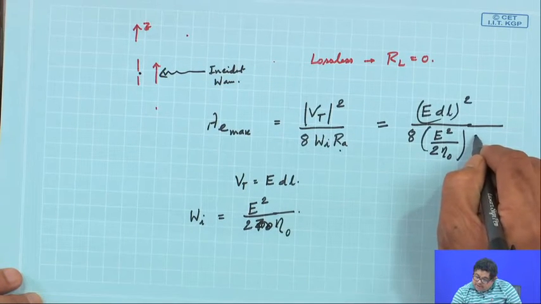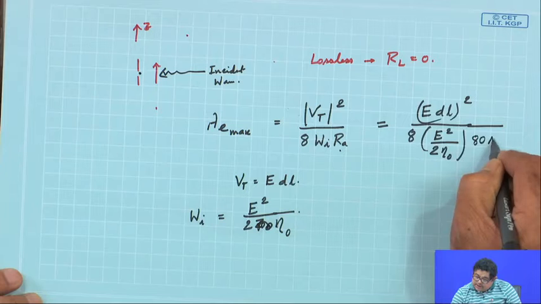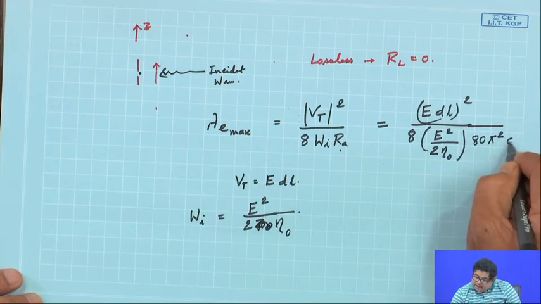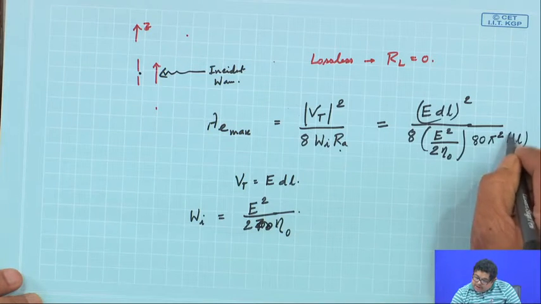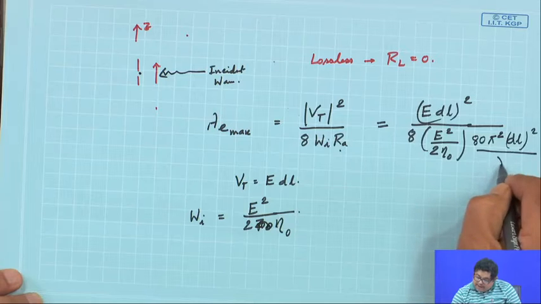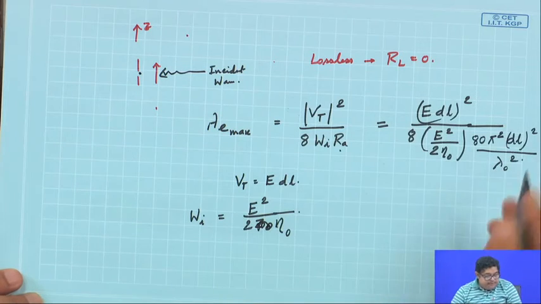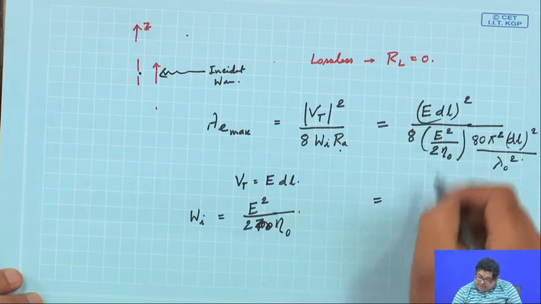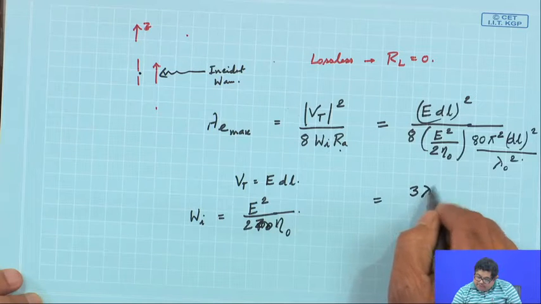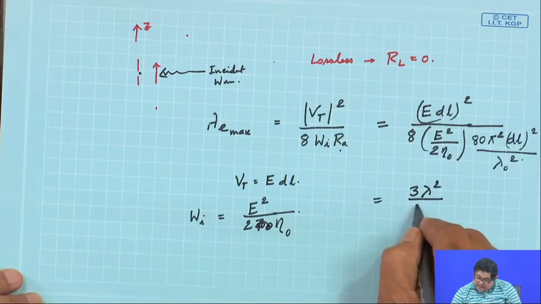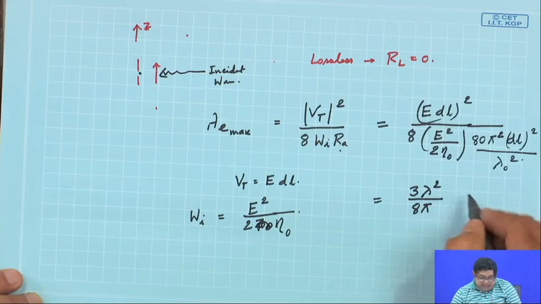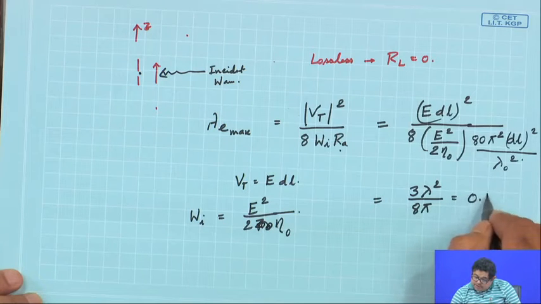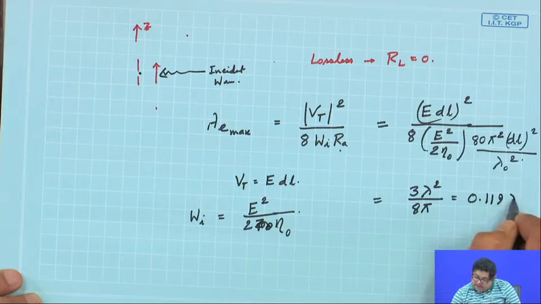If you see your notes, it is 80 pi square d l square by lambda naught square. So, if you simplify, this will come to 3 lambda square by 8 pi, which is equal to 0.119 lambda naught square.